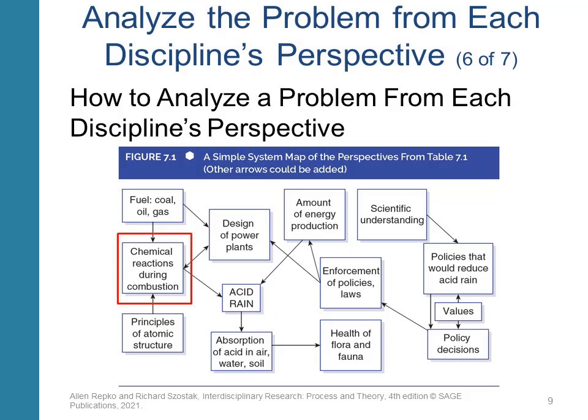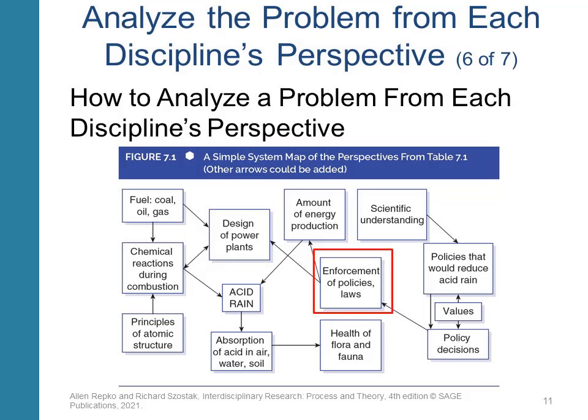of this problem. This problem is caused by chemical reactions that happen during combustion, a process that takes place primarily at power plants. The design of these plants influences the amount of chemicals released into the atmosphere.